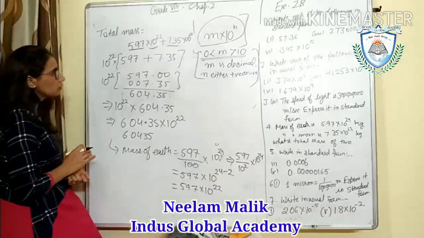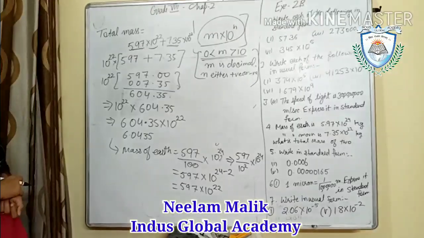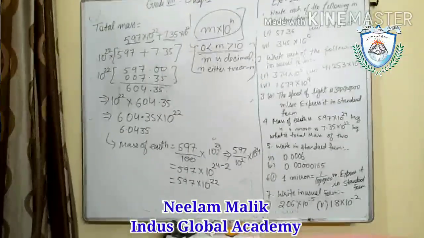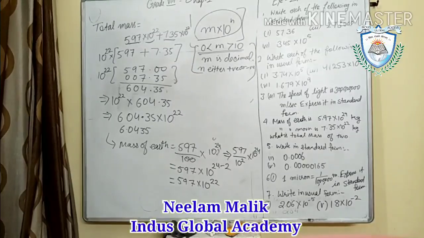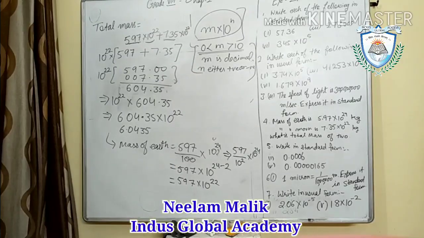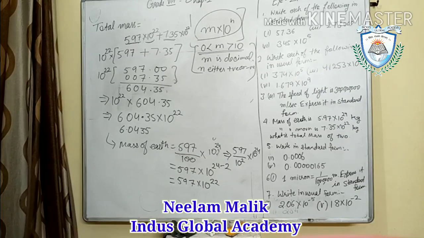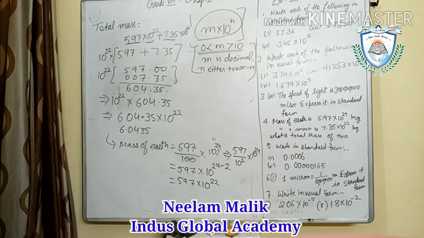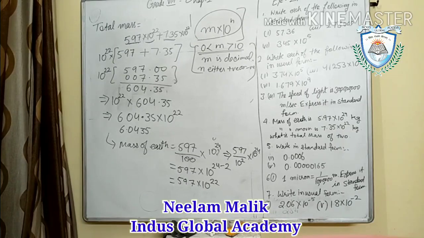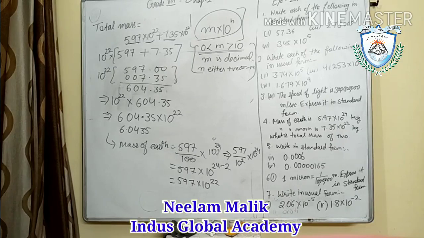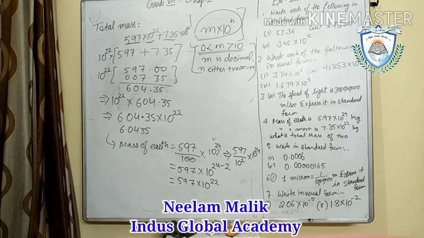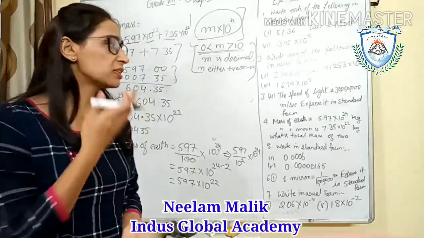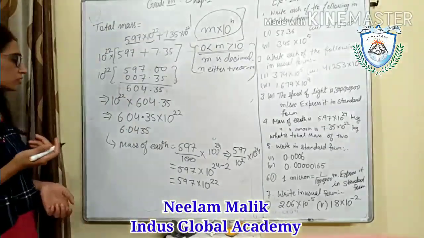After that, do we have to convert this into standard form or not? Wait, let me check in the book. It is not mentioned in the book whether to convert into standard form or usual form, so you can write your answer in any form.